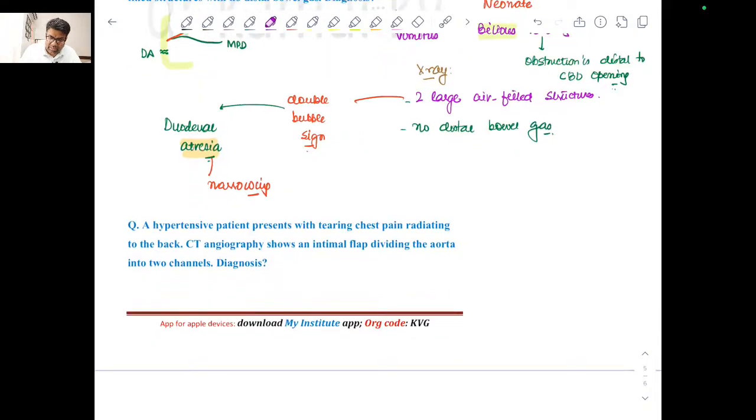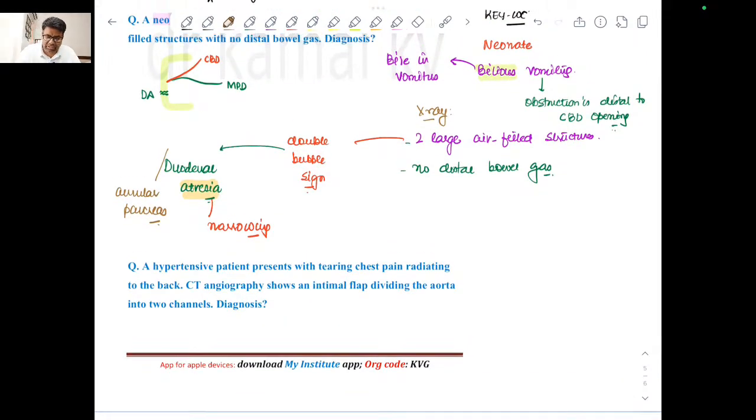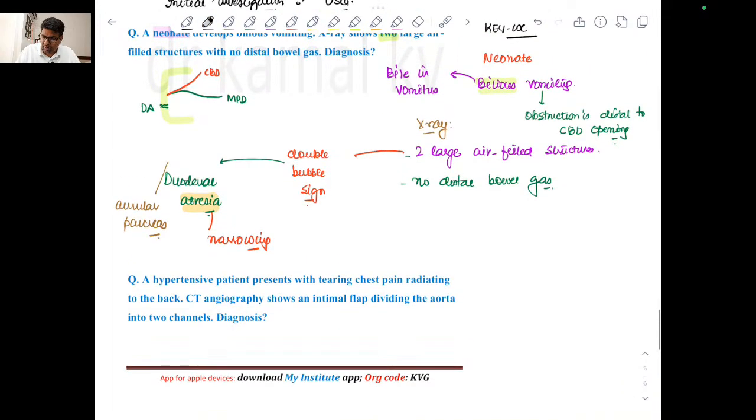This kind of presentation can also be seen in one more condition, and that is known as annular pancreas. So, double bubble sign can be seen in annular pancreas as well. So, two conditions may show this kind of sign. Now, two large air filled shadows.